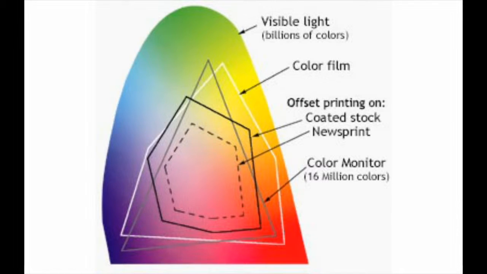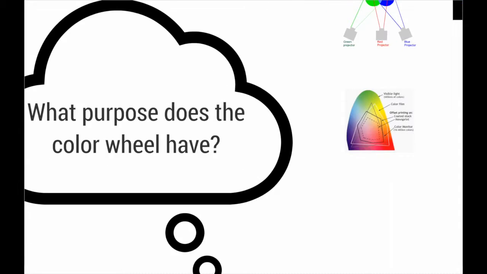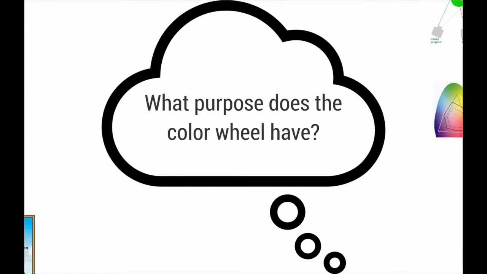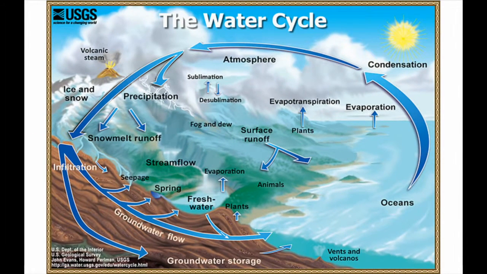So let's stick with our favorite, the red, yellow, blue subtractive color wheel. What purpose does the color wheel have? Why do we even need the color wheel? Well, just like in math, history, or science classes, diagrams are used to explain and make sense of a large source of information. One of my favorite examples is from a science class, and that is the water cycle.